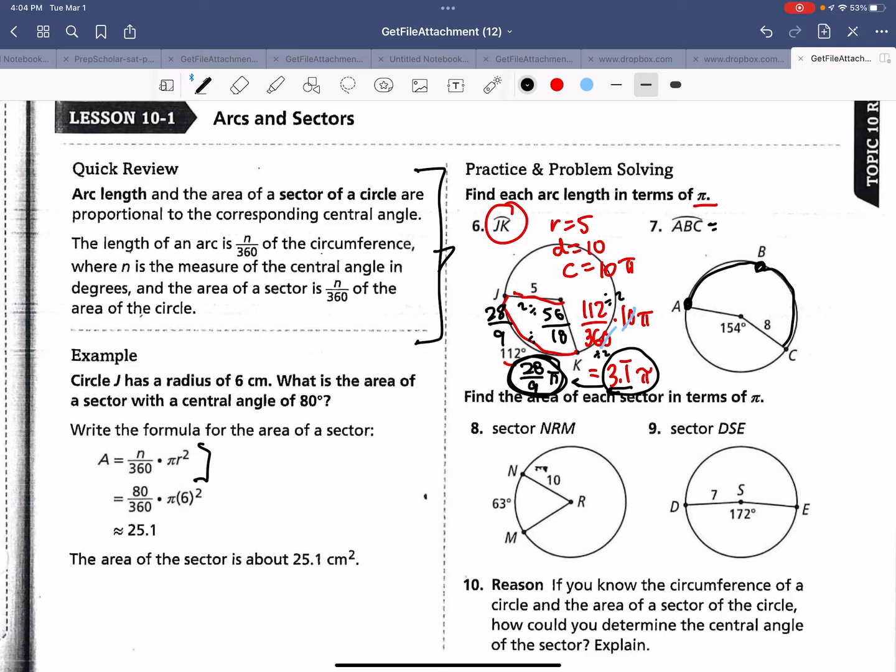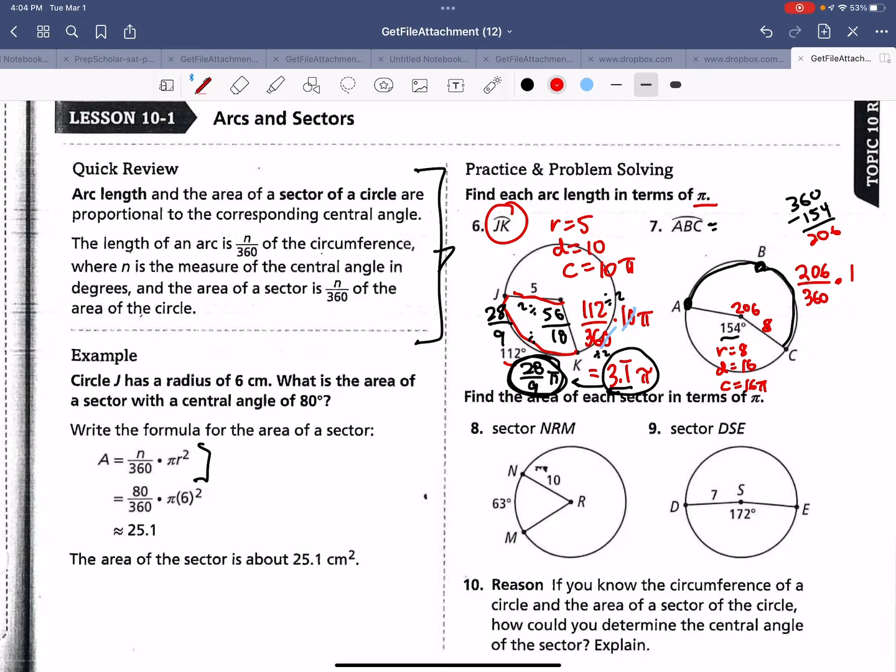That's the major arc. So if this is 154, then I want this bigger angle. All right, so I get 206. So 206. So what's that arc? It's 206 divided by 360 times my circumference. So if 8 is my radius, then the diameter is 16 and the circumference is 16 pi.